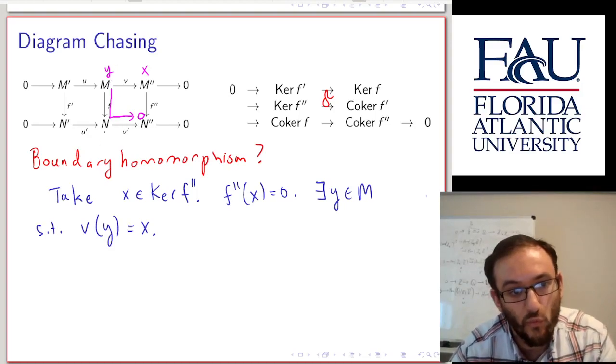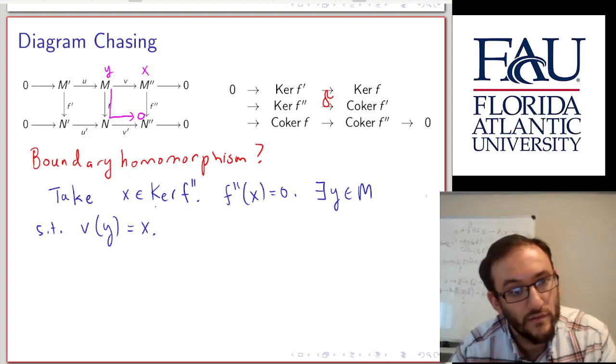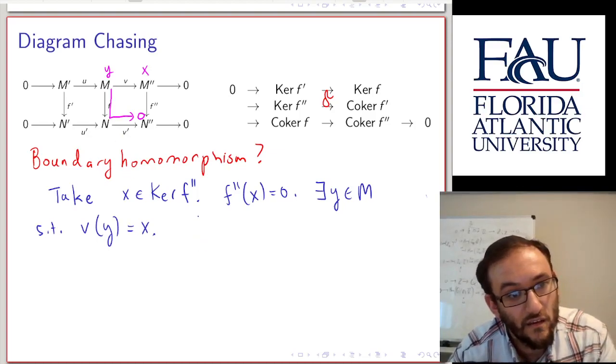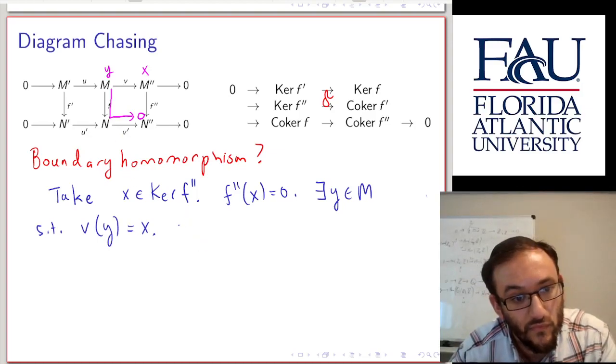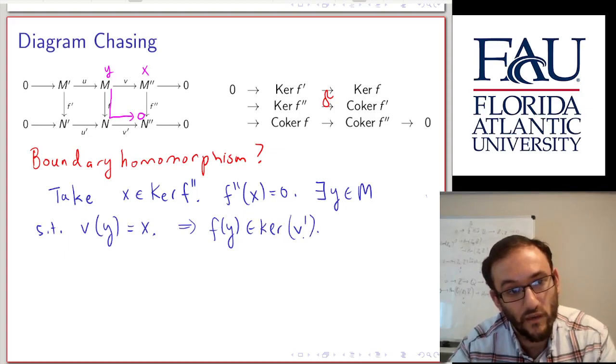So whatever y maps to is in the kernel of v prime. Okay, so that means that f of y is in the kernel of v prime.